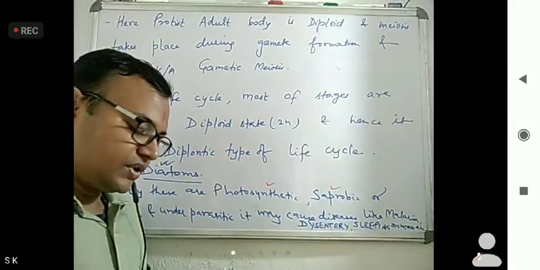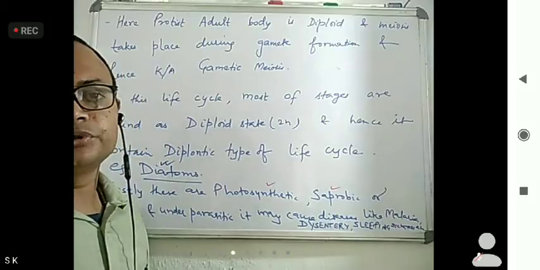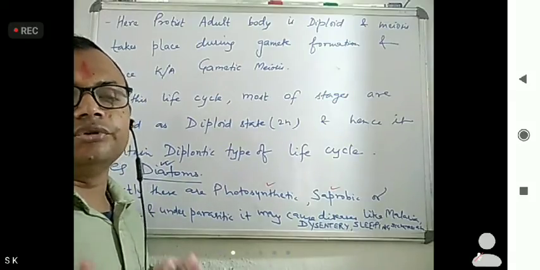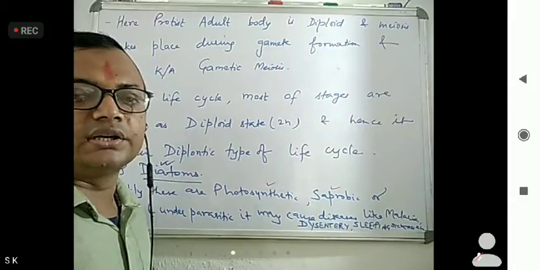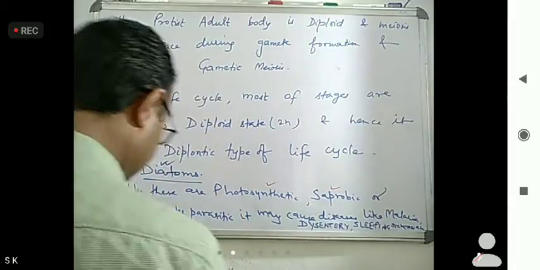Now come to their groups one by one. First we will discuss under kingdom Protista what groups or organisms are there, that is chrysophytes.